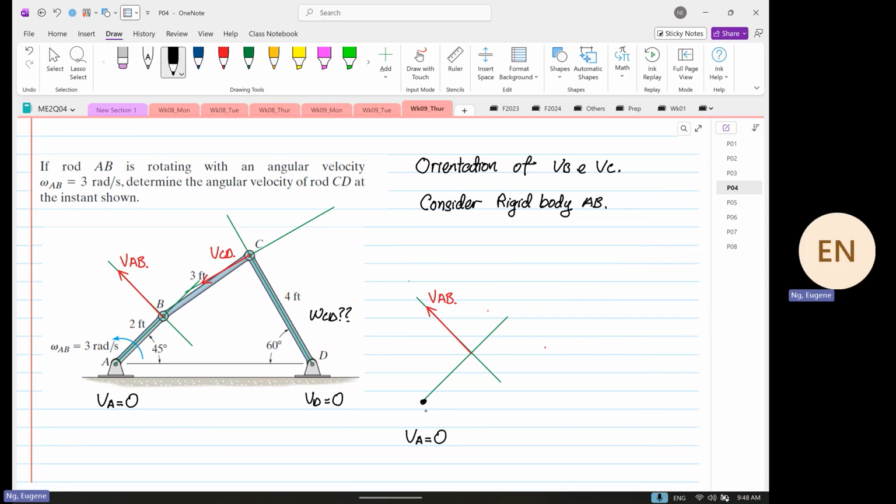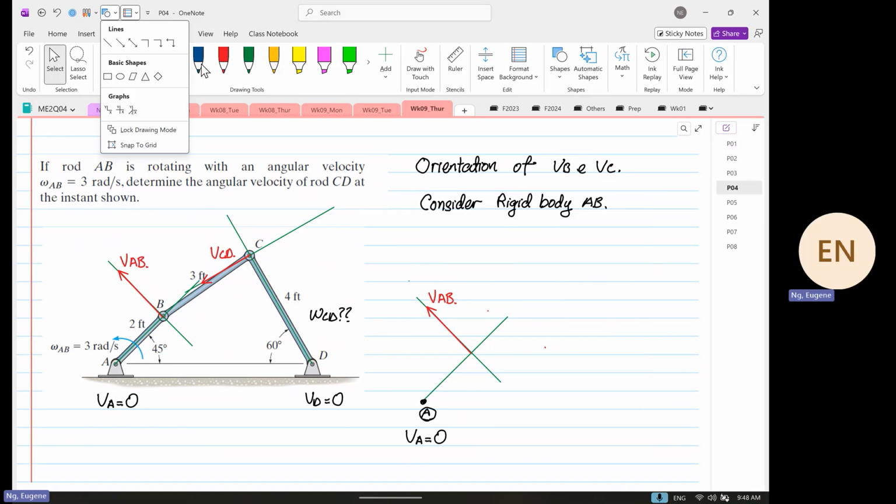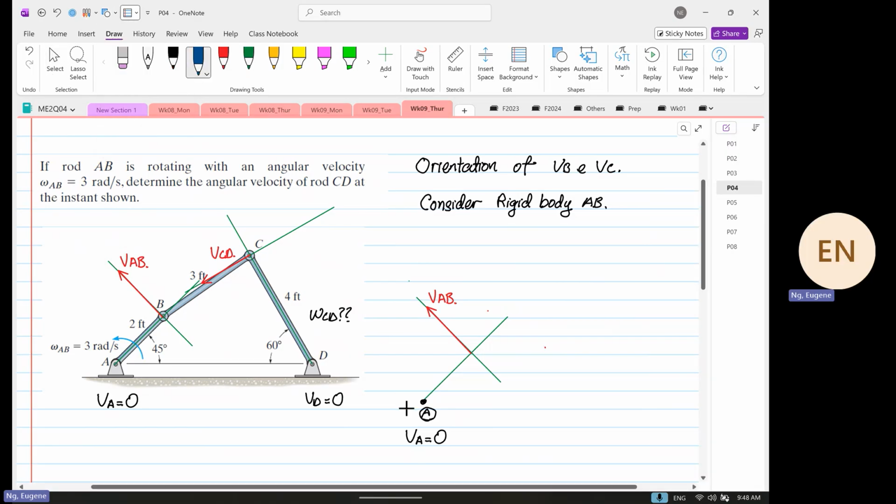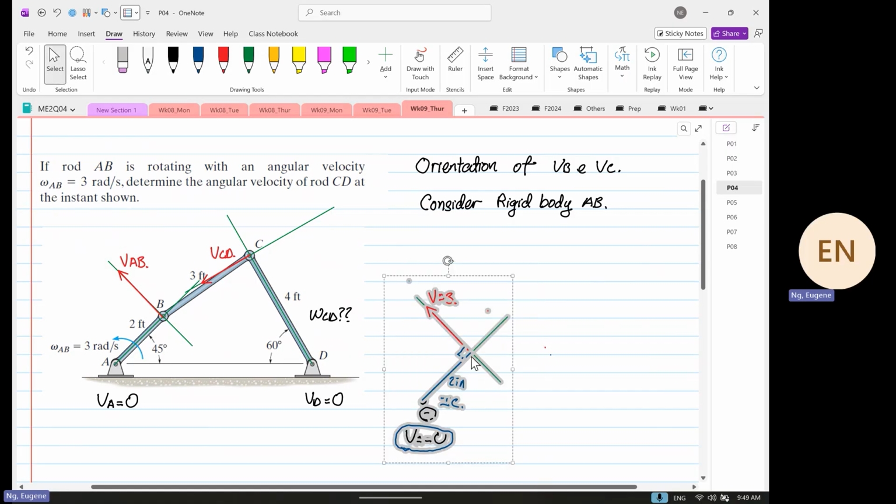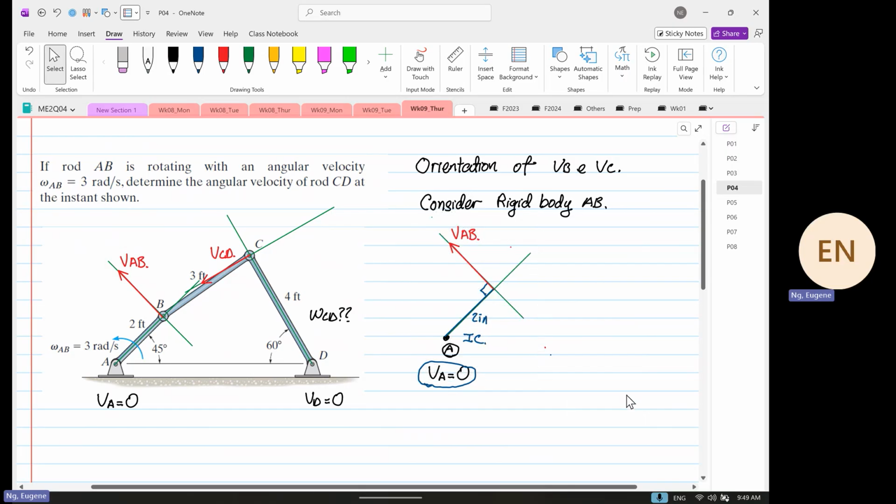We know that this is point A, and we also know that this distance is 2 inches, and this is 90 degrees. The fact that VA is equal to 0, this is our instantaneous center. Point A is also our instantaneous center for rigid body AB.